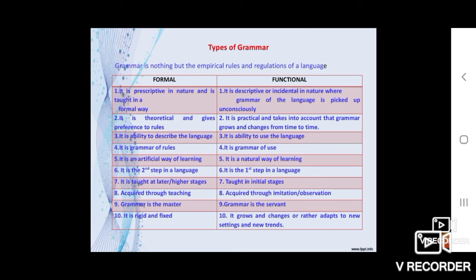It grows and changes, or rather adapts to new settings and new trends. We never stick to the traditional way of learning. We have to change ourselves according to the situation and new trends. So these are some differences between formal and functional grammar.